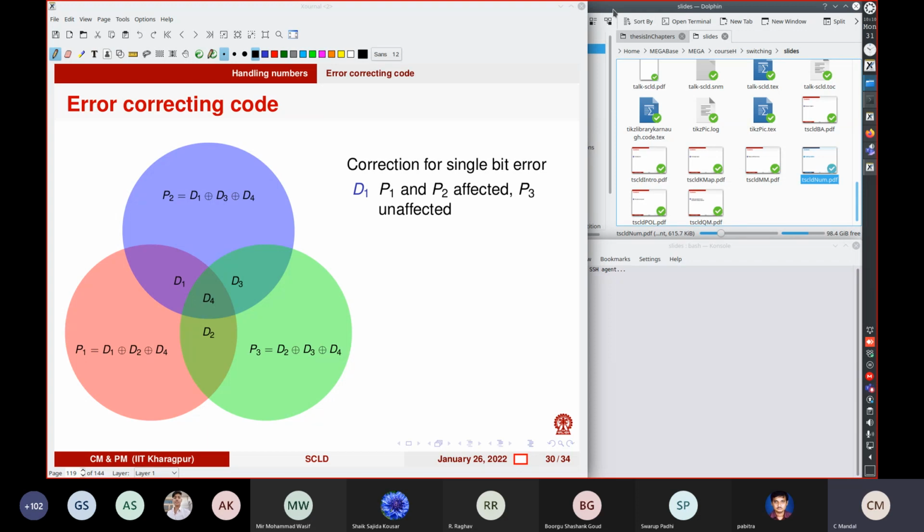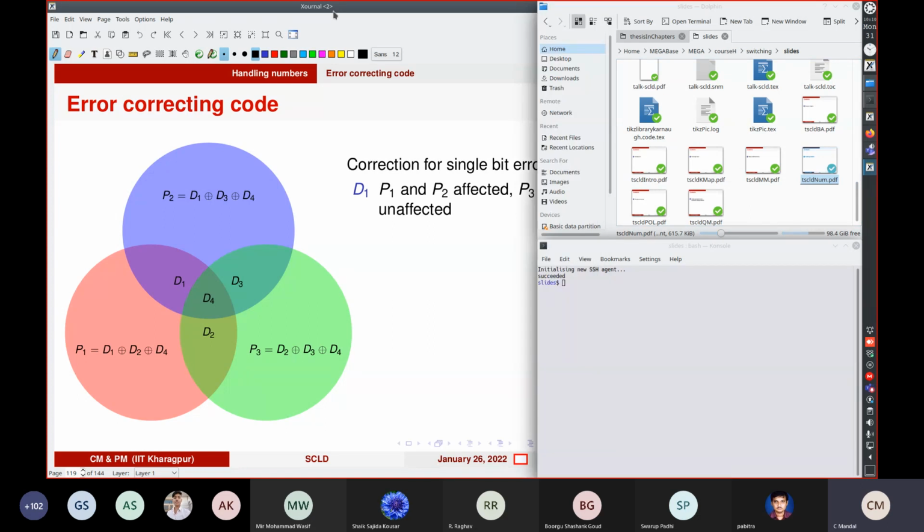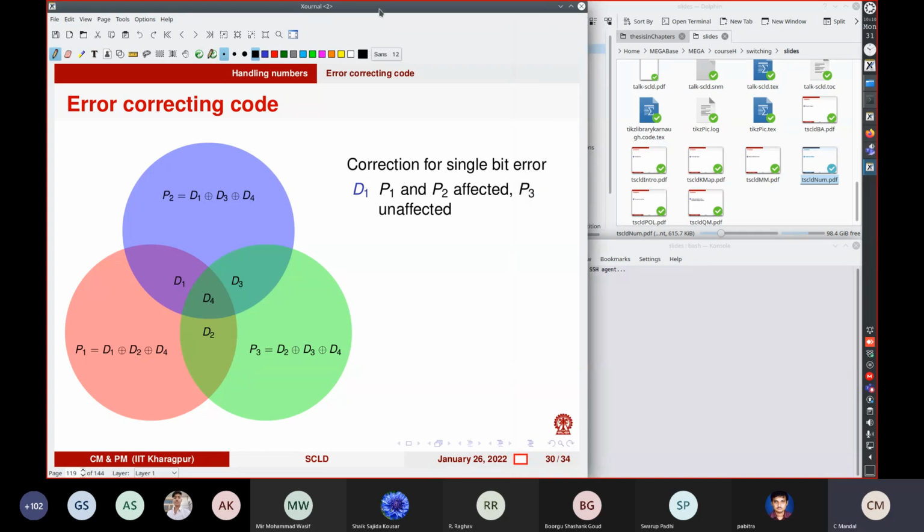Now we'll see how these are affected by the errors.